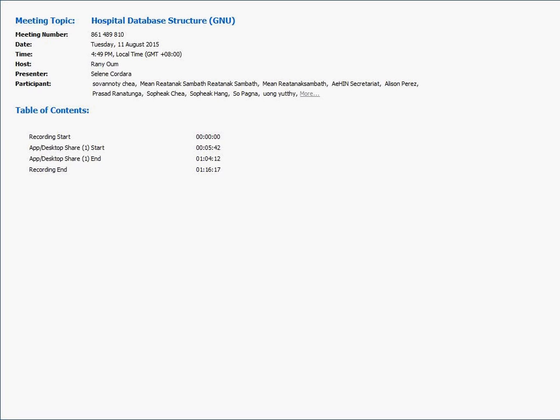It's taking care of the health institution itself, the health center management. That's the ERP part.